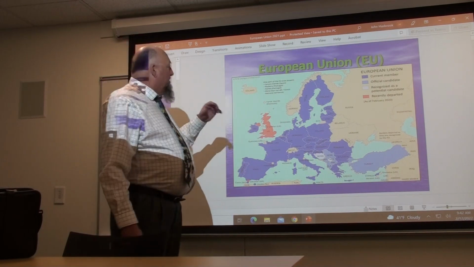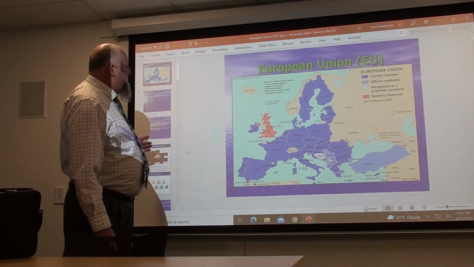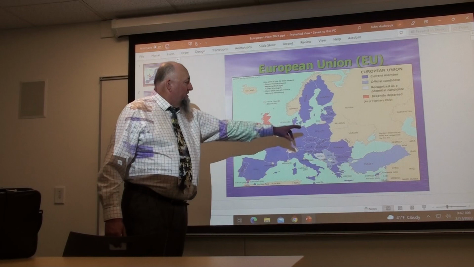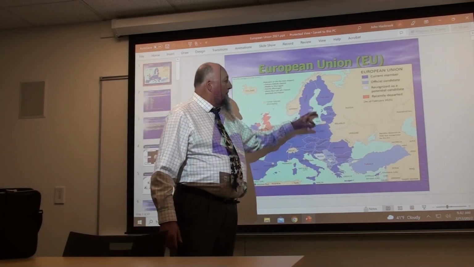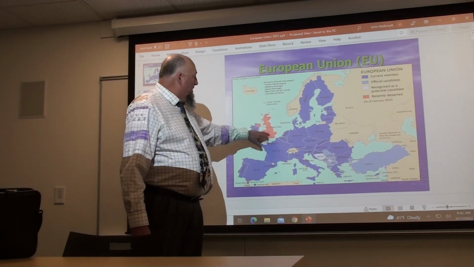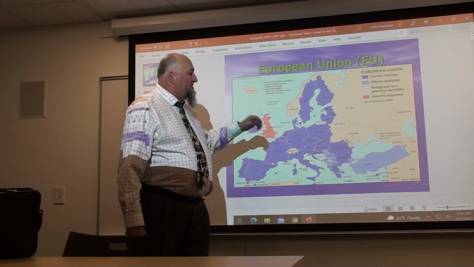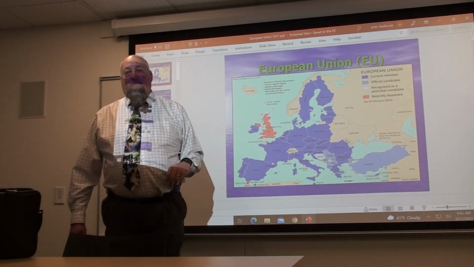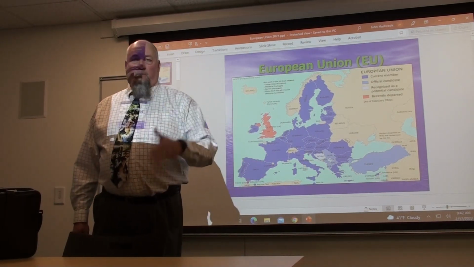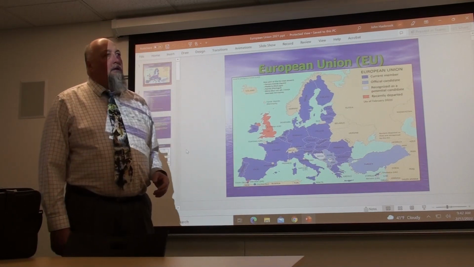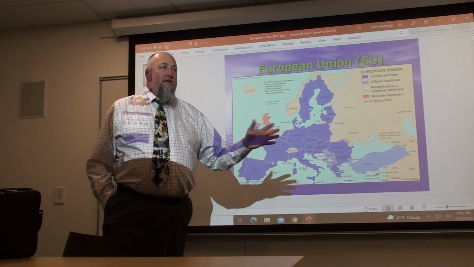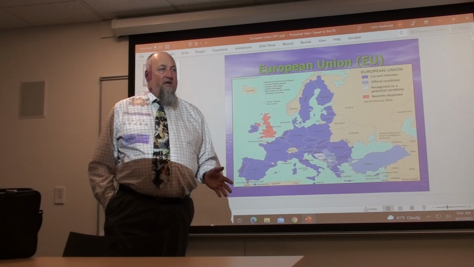So currently, the European Union is made up of 27 member states, which are represented in the dark blue here. Of course, the United Kingdom under Brexit withdrew, which really was formalized in 2020. They voted on it earlier than that, but then it came into formalization in 2020.